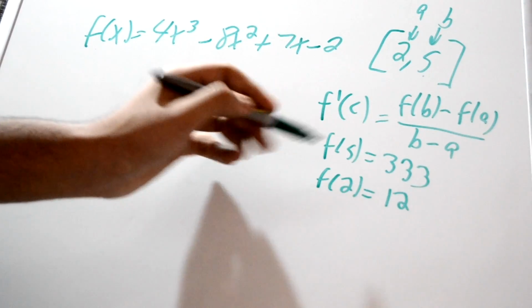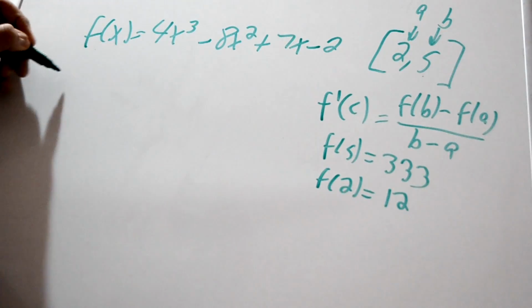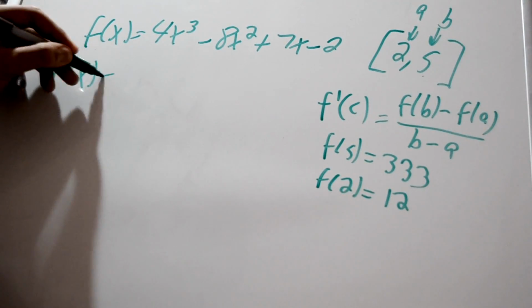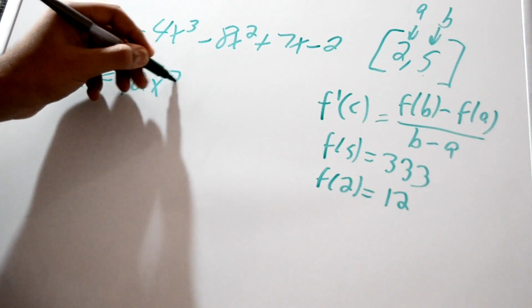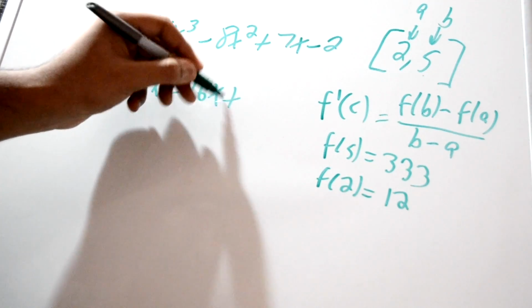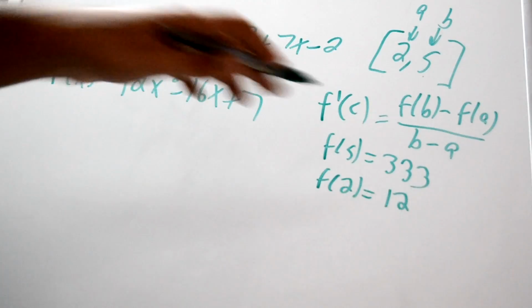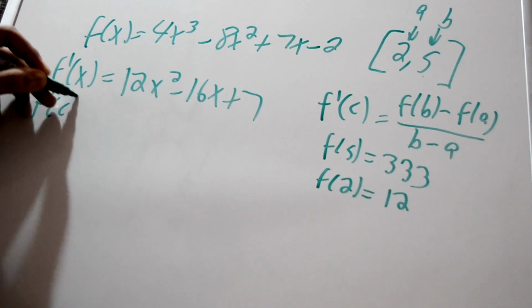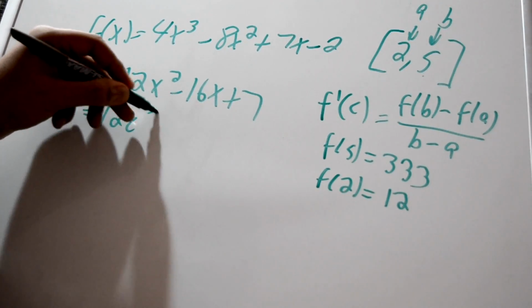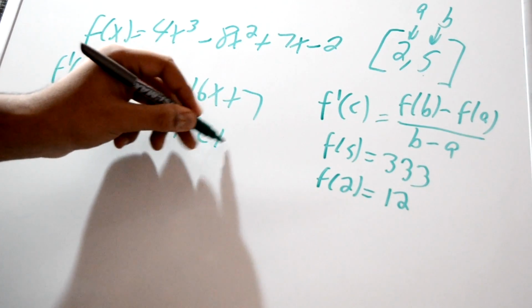The derivative of f of x is 12x squared minus 16x plus 7. Since we're using c, we put in c: 12c squared minus 16c plus 7.